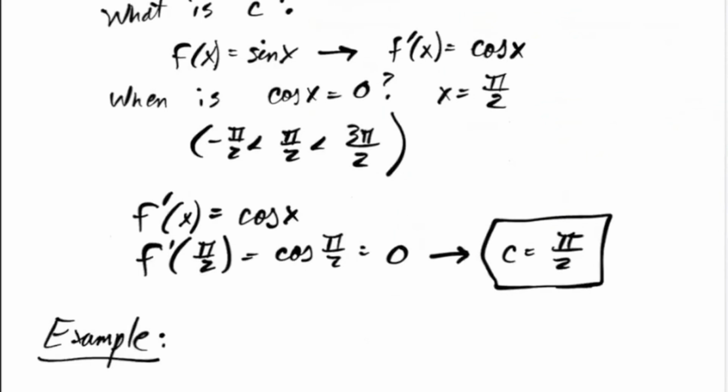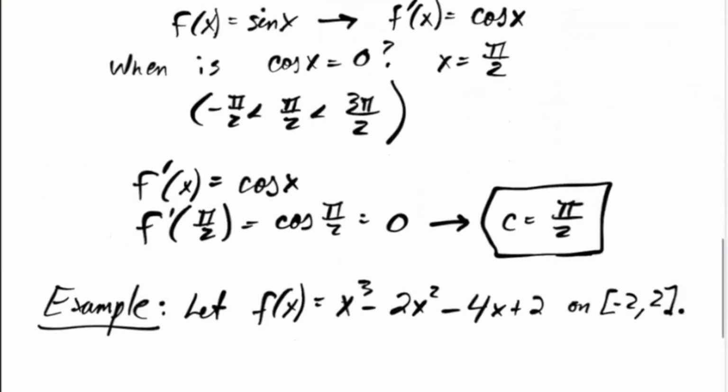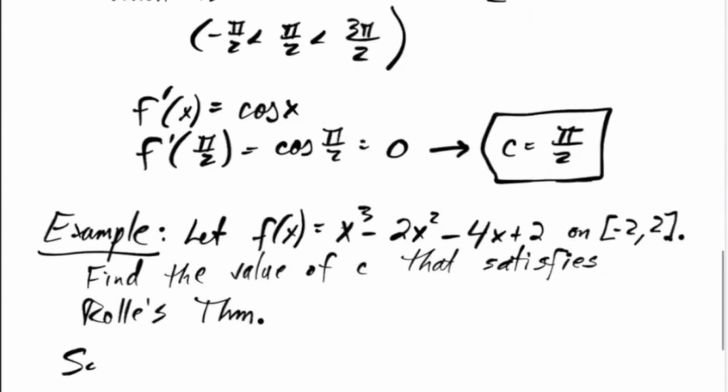All right, so let's look at a second example here. Suppose I have f of x is this polynomial, x cubed minus 2x squared minus 4x plus 2, and we're on the interval from -2 to 2. We're supposed to find the value of c that satisfies Rolle's theorem. Okay, so what do I do?